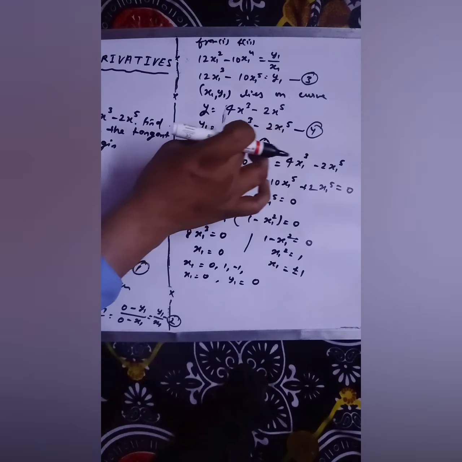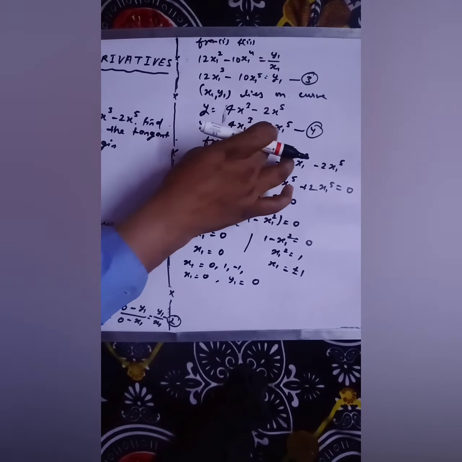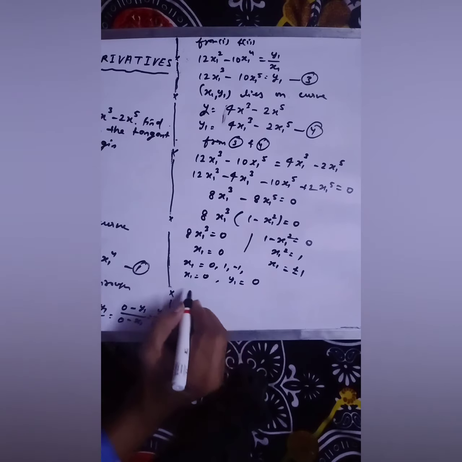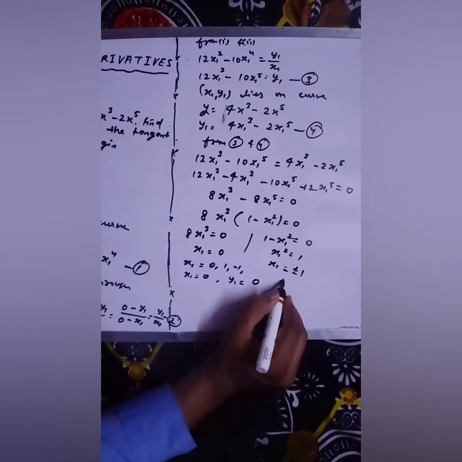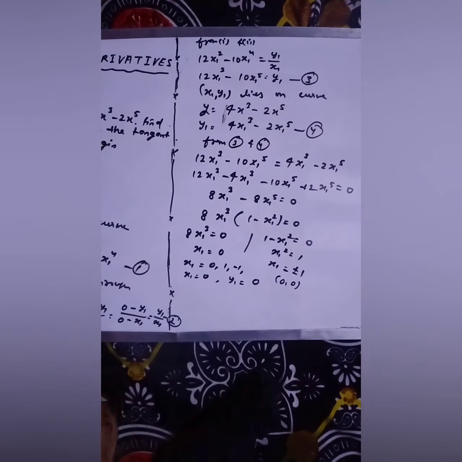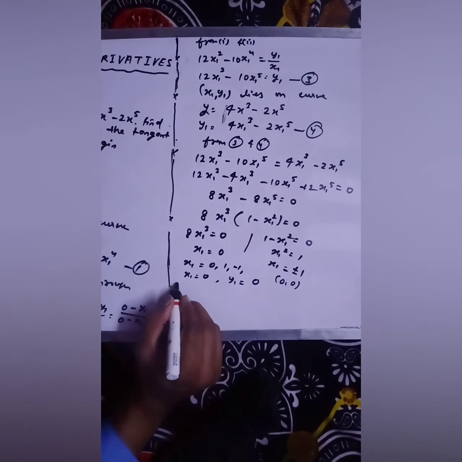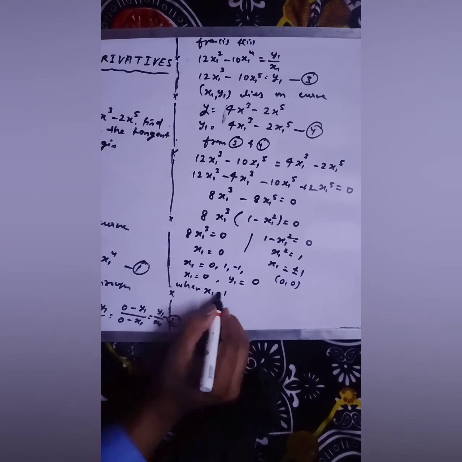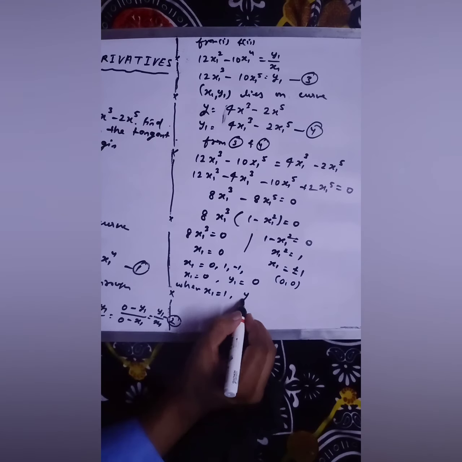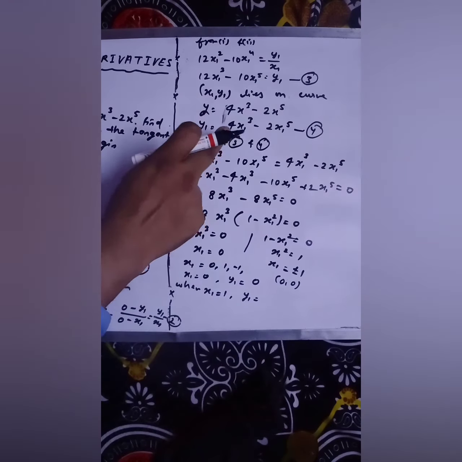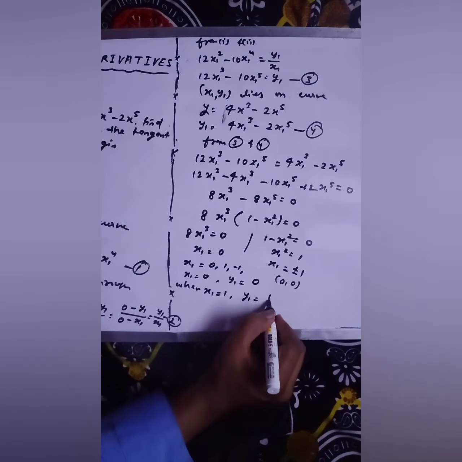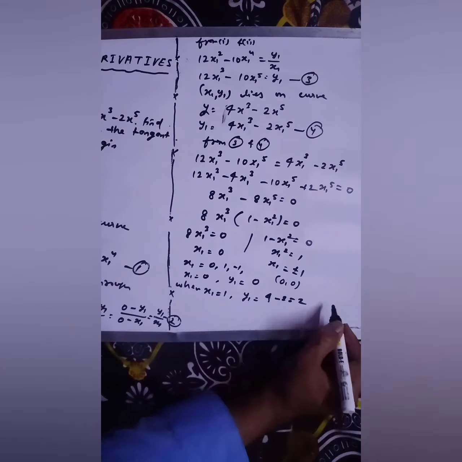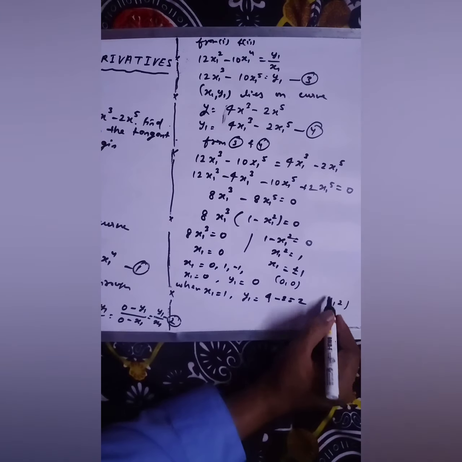When we put 0 in this equation, this whole term will be 0 and your y1 will be 0. So the first point is 0 comma 0. When your x1 is 1, your y1 will be, when you put 1 here, you will get 4 minus 2 plus 5... that would be 2. So your point would be 1 comma 2.